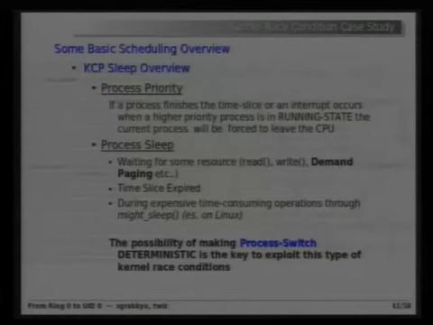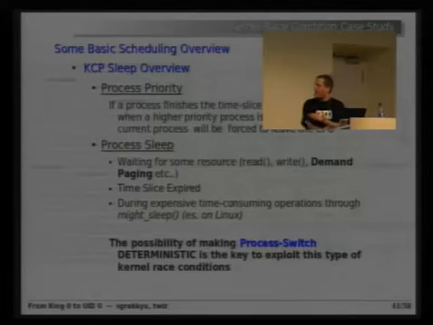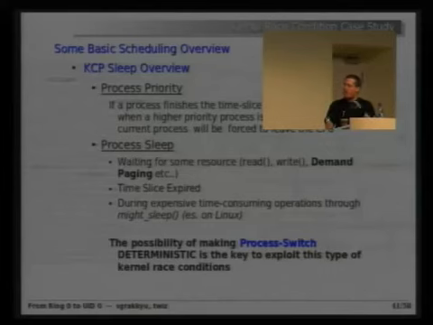Sometimes it's better to make the process switch work without the knowledge of where the process switch occurs, only that it must occur. At that time, we must oblige the process to sleep at a deterministic time, but also in a deterministic place.